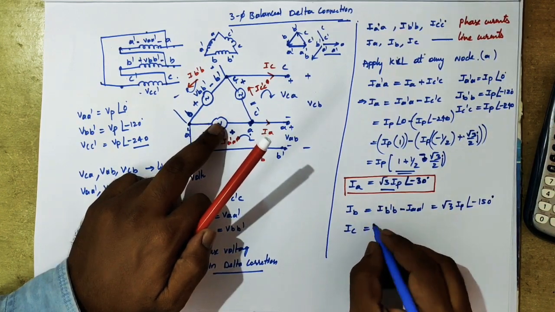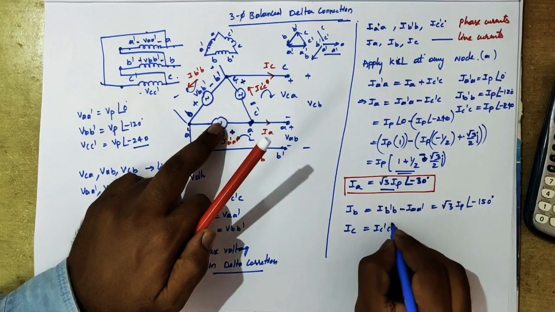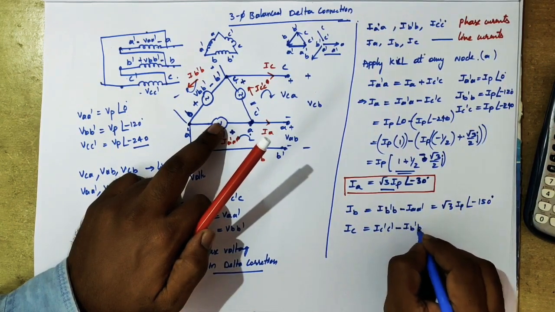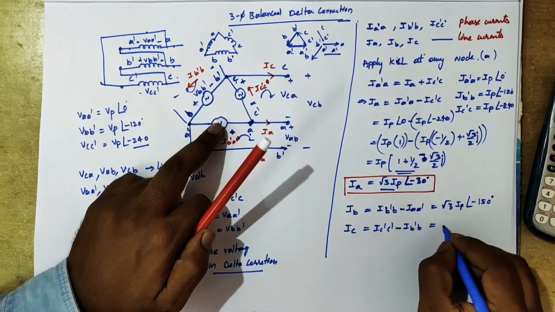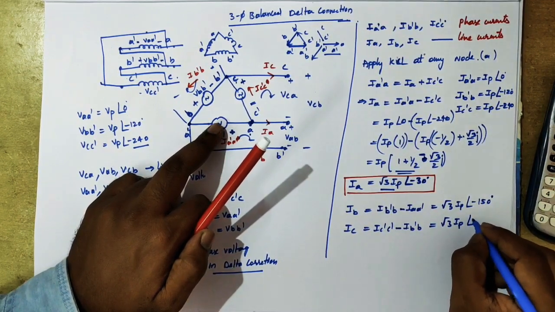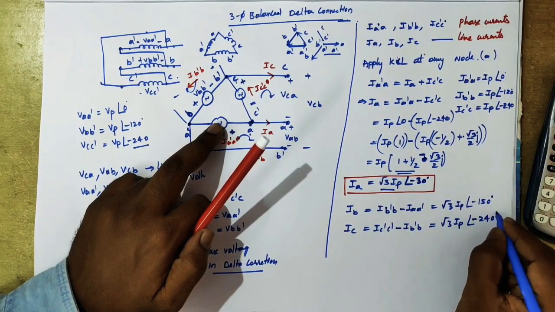What is the I C value? I C dash C minus I B dash B. Therefore you will obtain root 3 I phase at an angle of minus 270 degrees.